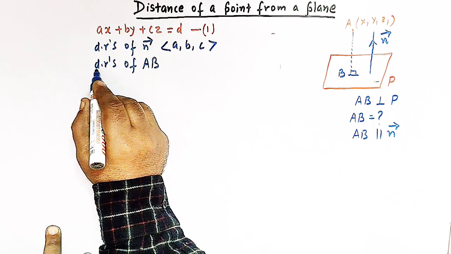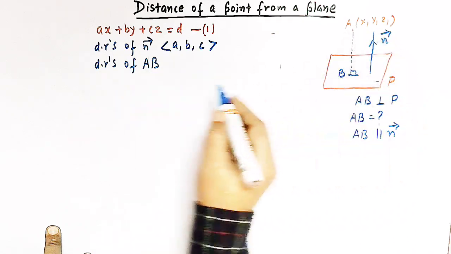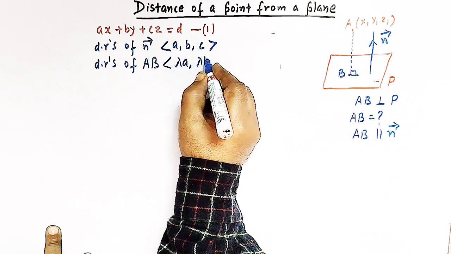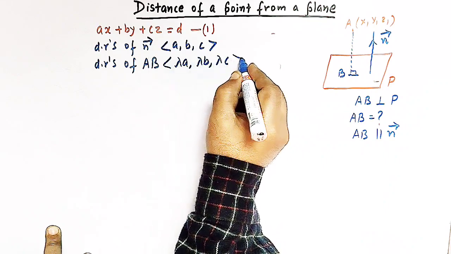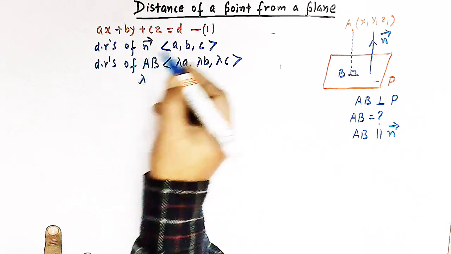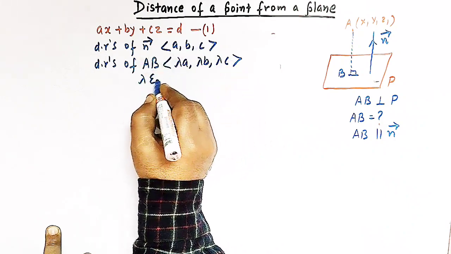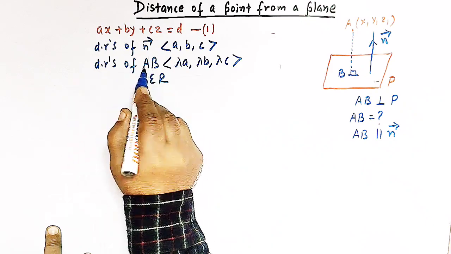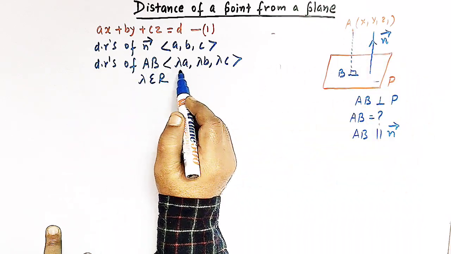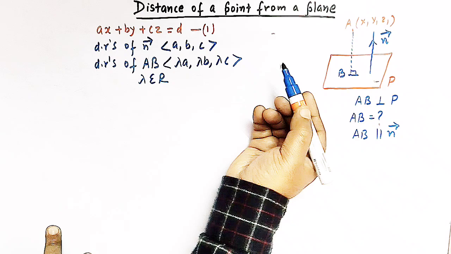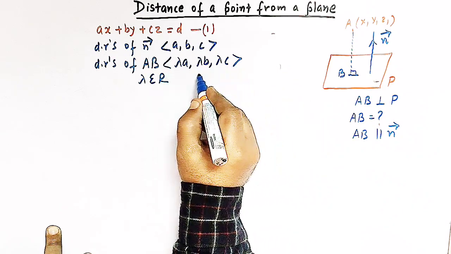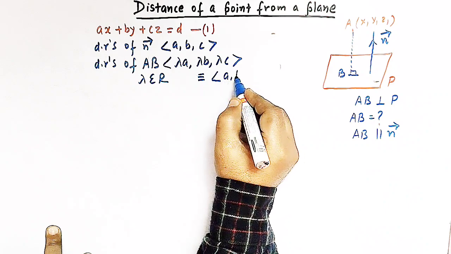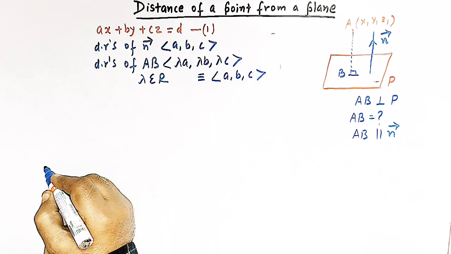So we can take the direction ratios of this perpendicular AB as say lambda a, lambda b and lambda c, where lambda is some real number, right? So when we take the direction ratios of this perpendicular AB as lambda a, lambda b and lambda c, then these ratios can again be written as a, b, c, right?